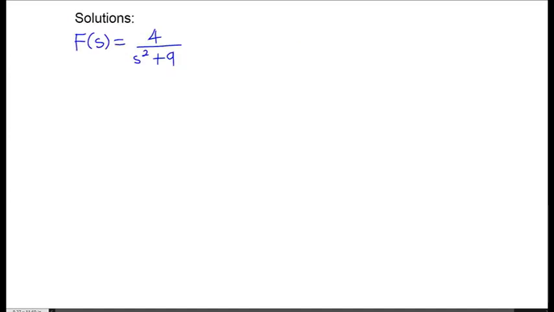The question asks what is the Laplace inverse of 4 over s squared plus 9. So from here you need to know what is f(t). How to know what is f(t)? You need to refer to the table of Laplace.